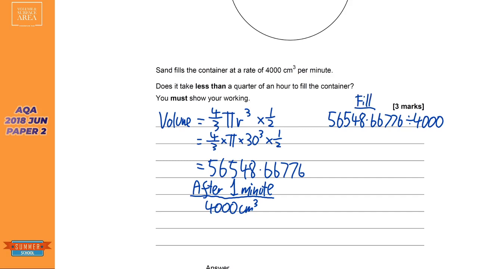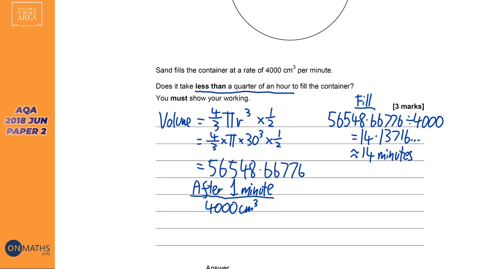Okay, so it's still on my calculator, and I can just type divided by 4,000, and it says that the answer is 14.13716 and so on. That's saying that it takes just over 14 minutes to fill the container. And it says, does it take less than a quarter of an hour?